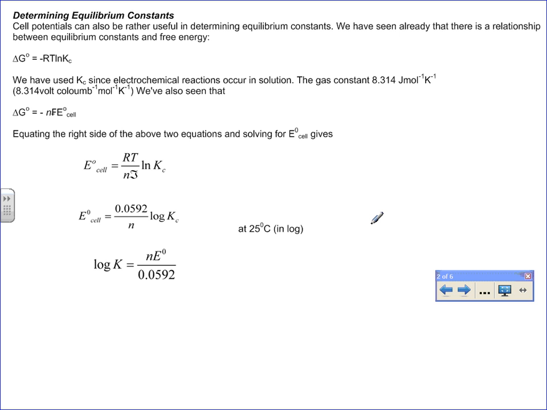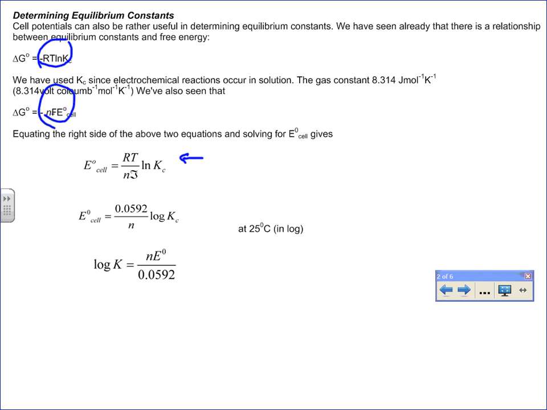And so knowing that, and knowing that Gibbs free energy is also equal to negative nFE, we can equate the two right-hand sides of the equation. So this equals that, and we can solve for E to get this relationship between the cell potential of a reaction and the equilibrium constant for that reaction.